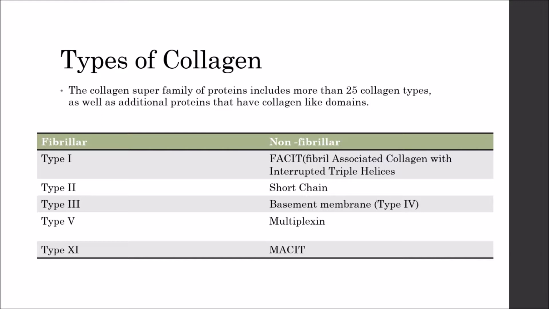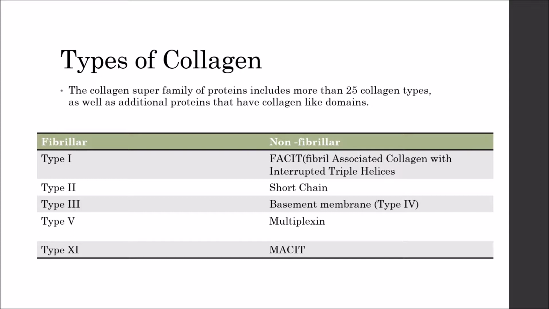For non-fibrillar, there are the fibril-associated collagens with interrupted triple helices, usually known as types 9, 11, 15, 14, and 16. For short chains, usually collagen type 8 or 10.